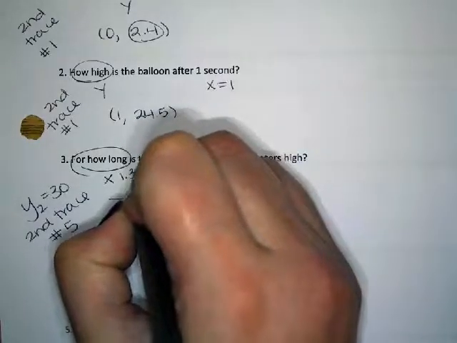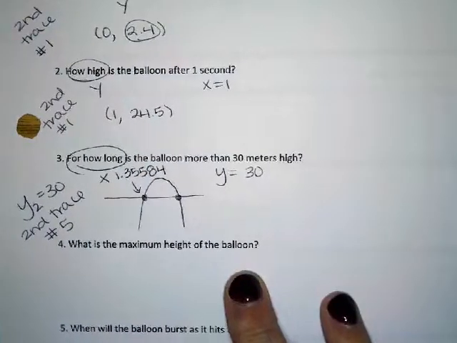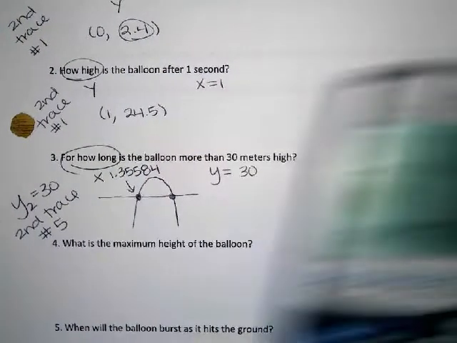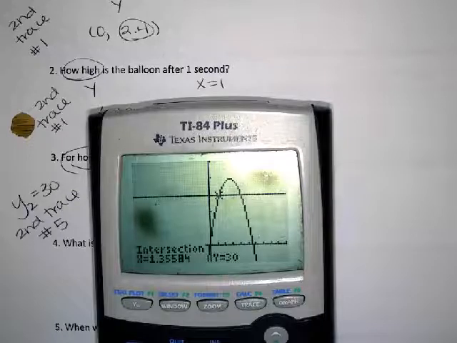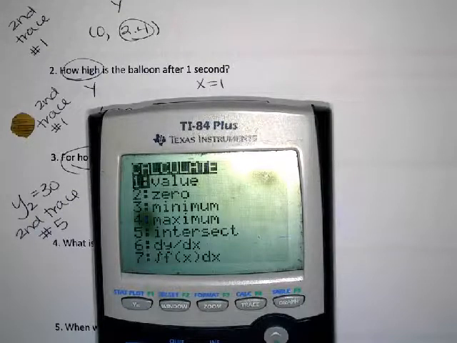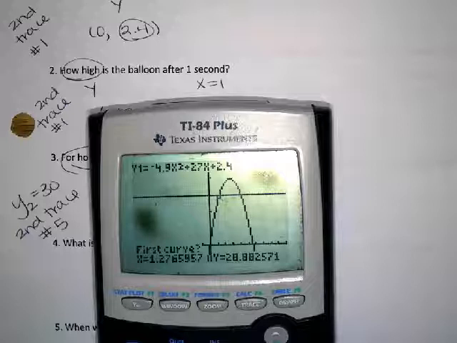Now, here's where we're going to find the second intersection. So this time we actually have to do something more. So we're going to do second trace number 5. And this time we just have to move the cursor so that it's closer to the second intersection than it is the first. Because if I press enter, enter, enter again, it's just going to keep finding the first one over and over again. Because that's the way that it works. It just finds the ones that it's closest to.